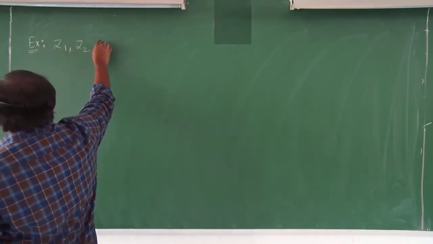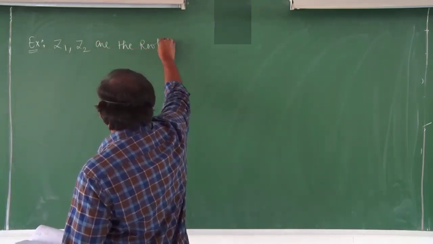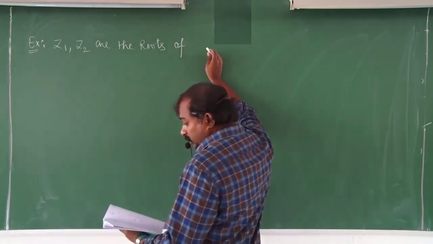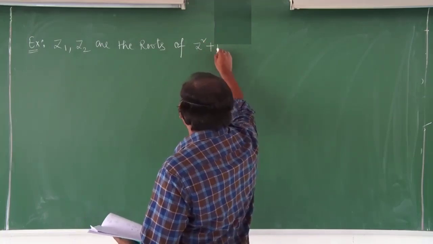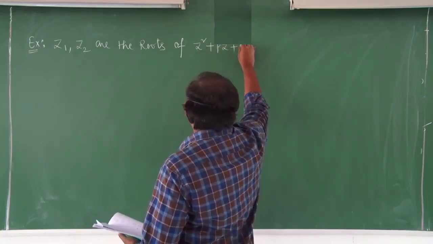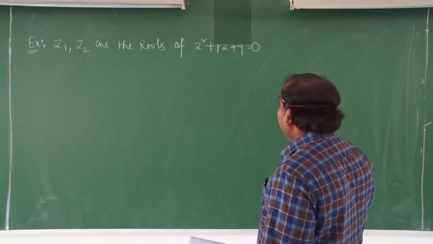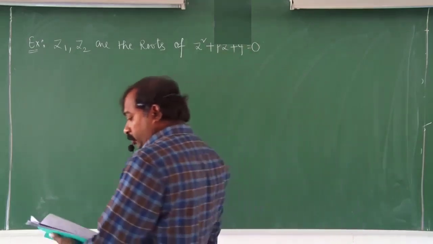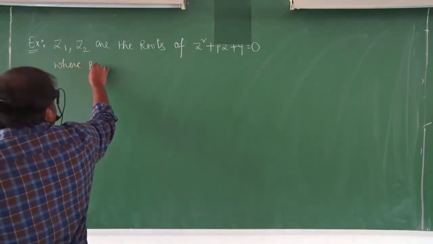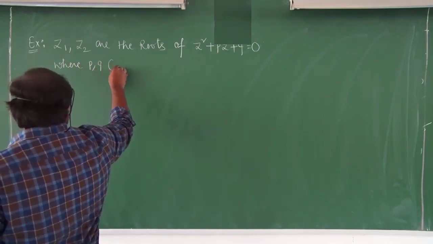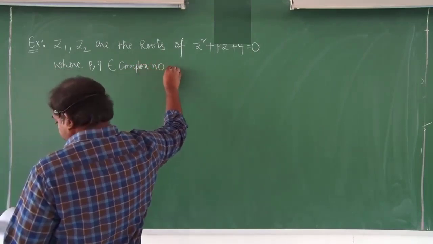Z1, Z2 are the roots of the equation z square plus pz plus q equal to 0, where p, q belong to complex numbers.